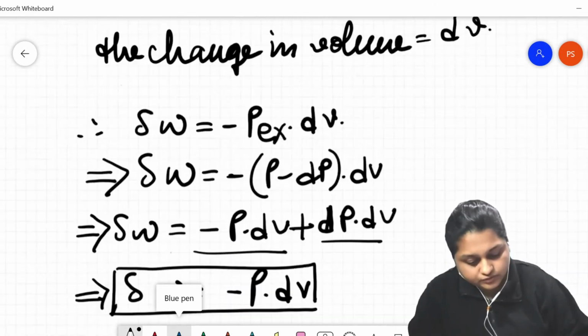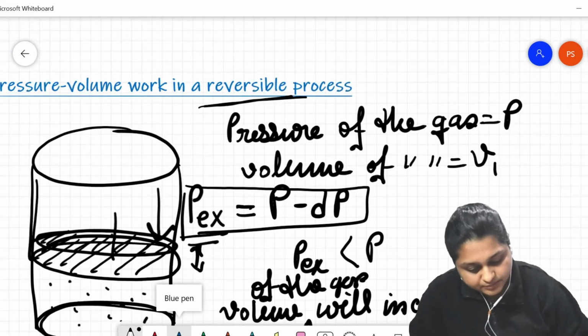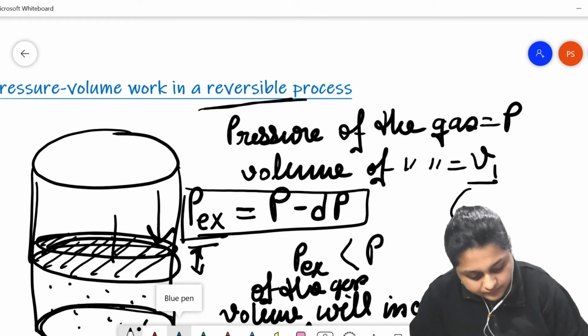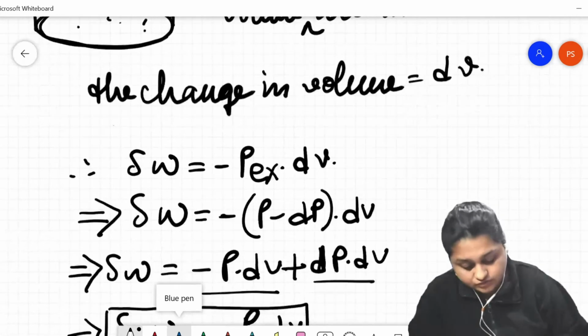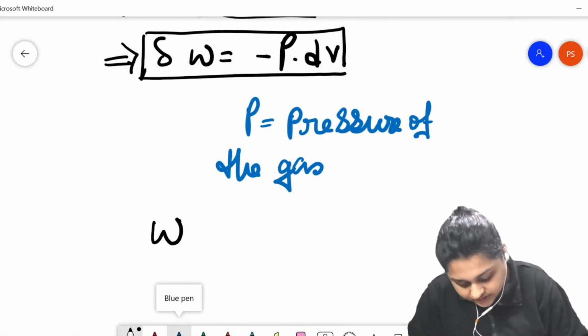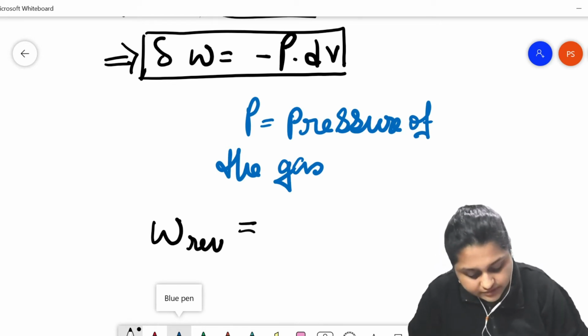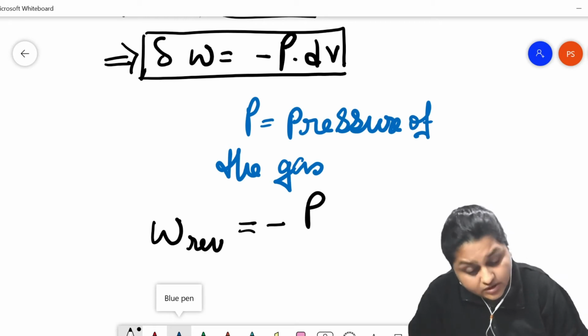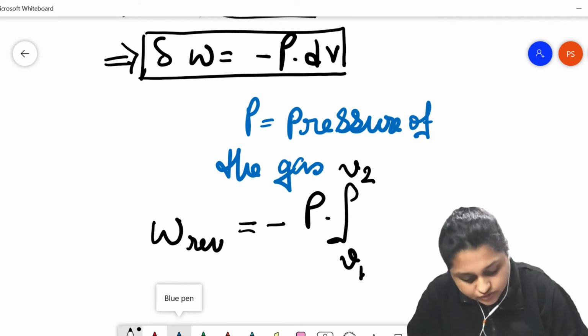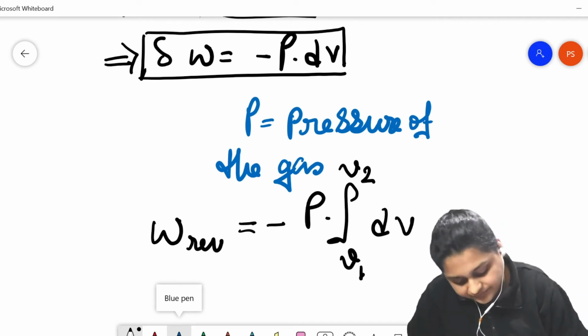If the volume that was previously V1 changed to volume V2, in that case we can write, by integrating, the total work done by a reversible process, W reversible equals minus P, which is the pressure of the gas, into the integration from V1 to V2 of dV.